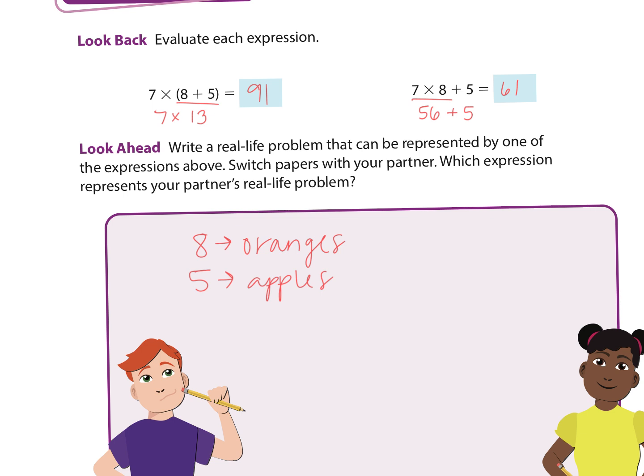When I write, you write. This is our thought process. Okay, I've got a bag of oranges that has 8 in there. A bag of apples has 5. If I want to buy 7 bags of each of those, that's going to tell me how many total pieces of fruit I will have, right?